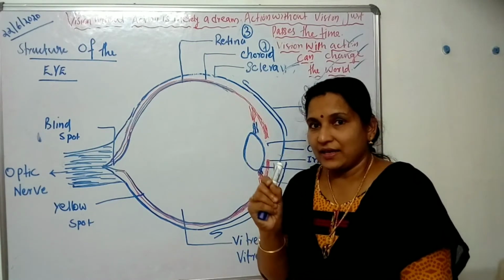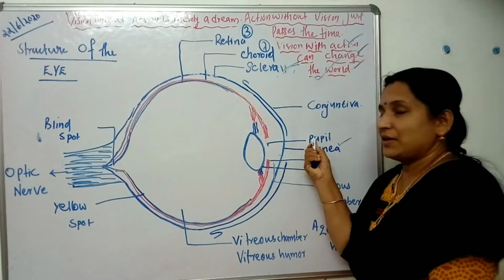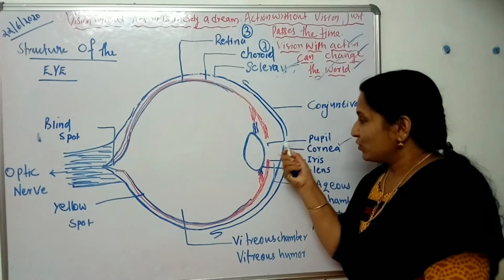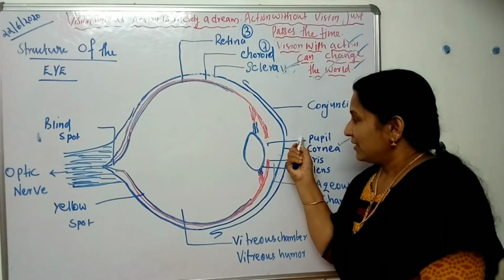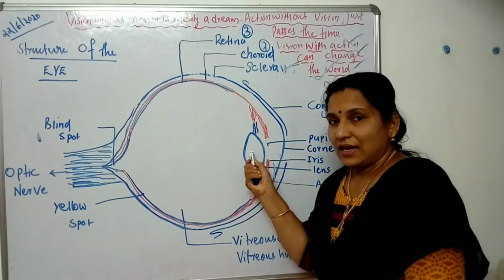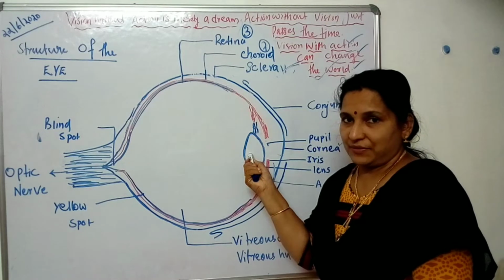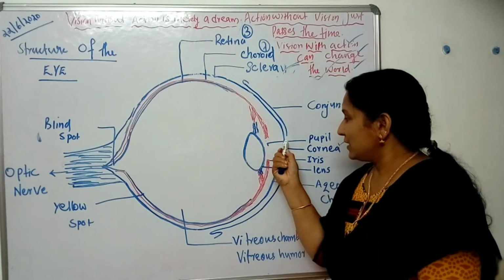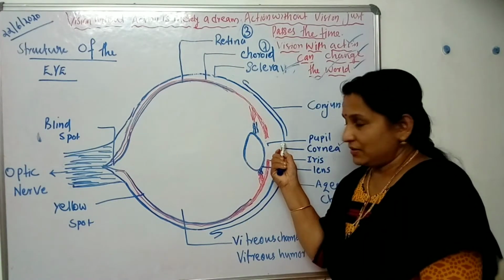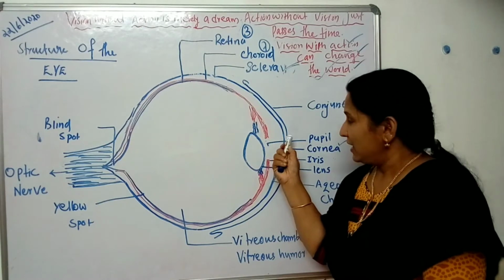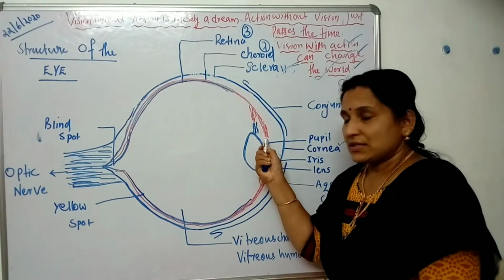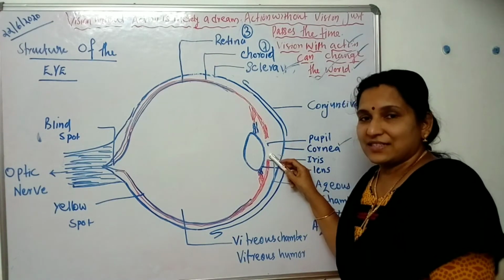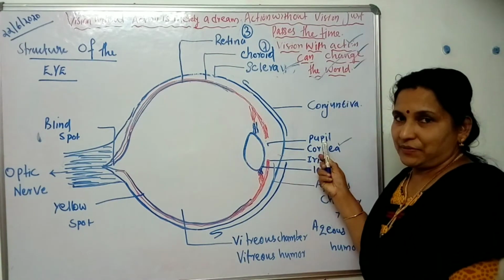Actually, through this pupil, the light passes to the lens for focusing. That light comes through the transparent part named cornea, then from the cornea it passes through this aperture, which is known as the pupil.